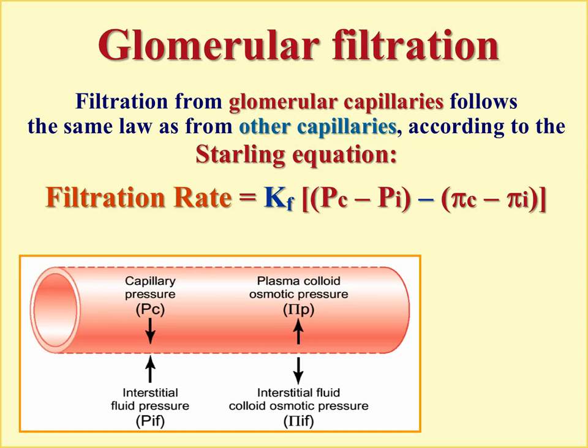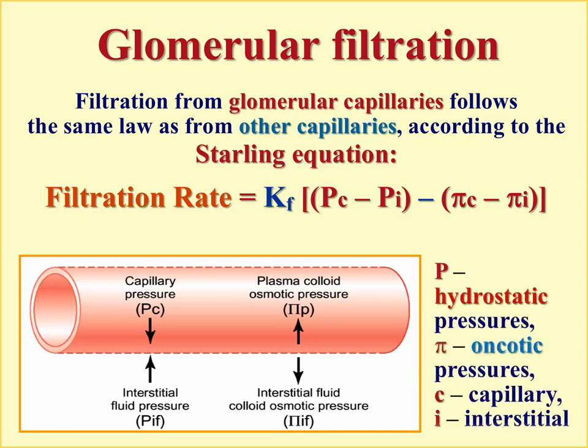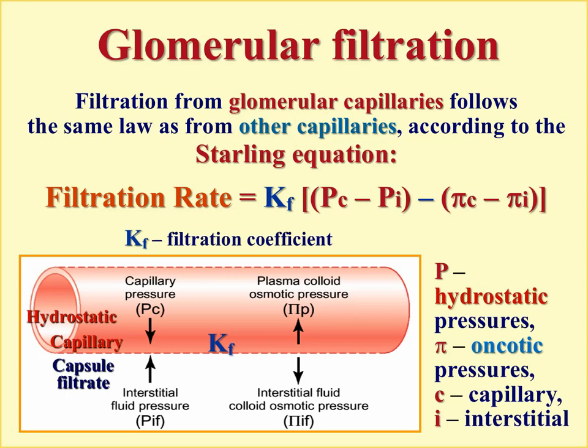But usually we have the four pressures, because a pair of each pressure is present inside the capillaries and outside the capillary. And here we have the filtration coefficient of course first, hydrostatic capillary pressure, and hydrostatic pressure in the filtered fluid in the capsule.